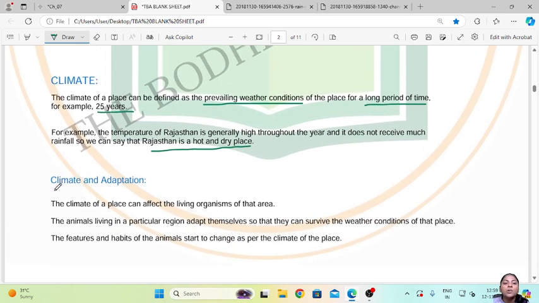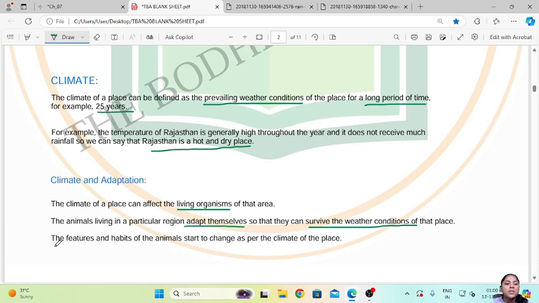Then talking about climate and adaptations. How the animals or all the living beings of a place will change and adapt to the climate of that area. The climate of a place can affect the living organisms of that area, and the living organisms of a particular region adapt themselves, meaning they will undergo certain changes so that they can survive the weather conditions of that place.